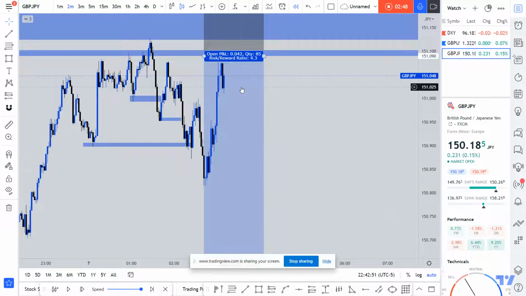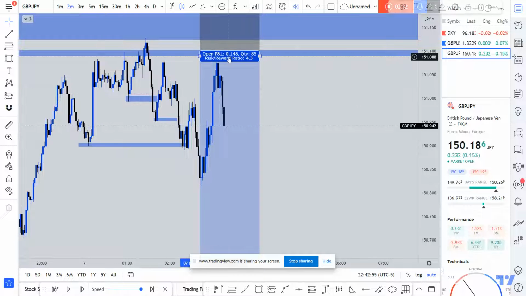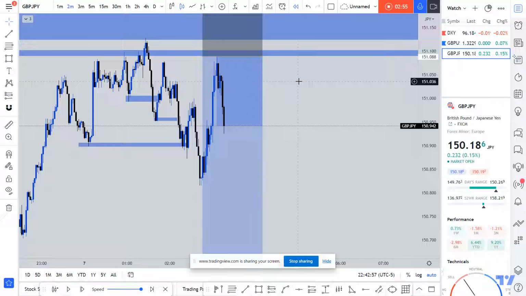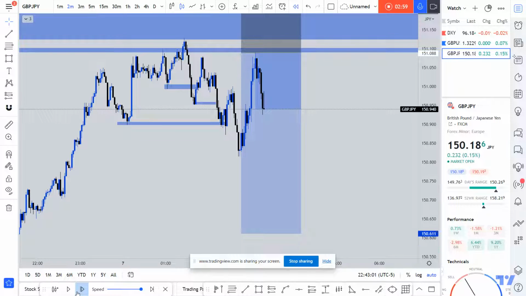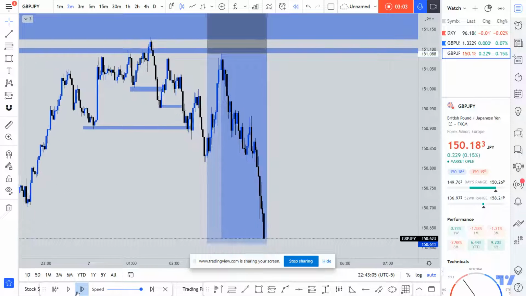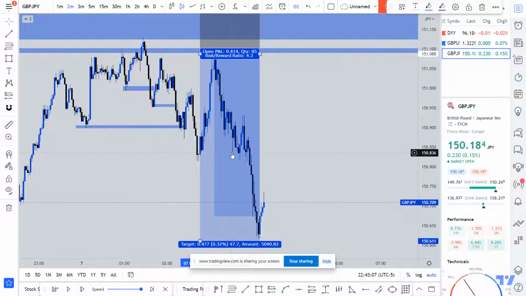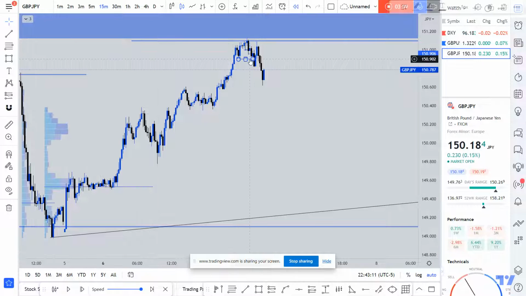As you can see, price came back to the exact zone right there, and then had selling momentum. That was what we were looking for. So with that said, that was how we took the trade on GBPJPY.